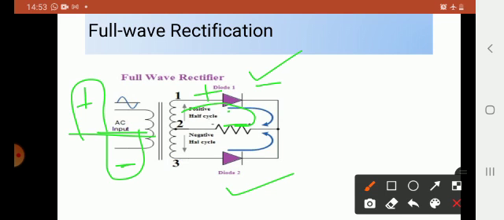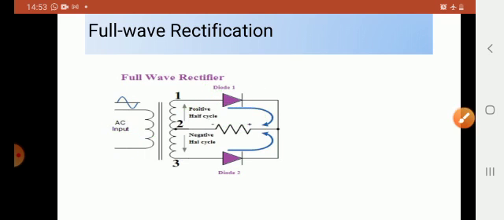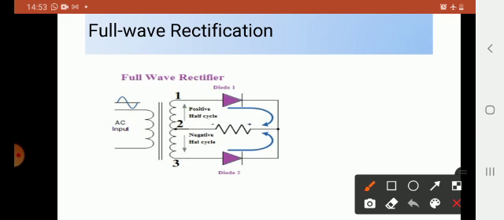You can see that the direction of current is in such a manner that when diode 1 is working, when the positive cycle is there, the current is flowing in this way. When current flows in this way, that becomes positive, that becomes negative. Other way, when the other wave is there, the current will flow in a different direction.